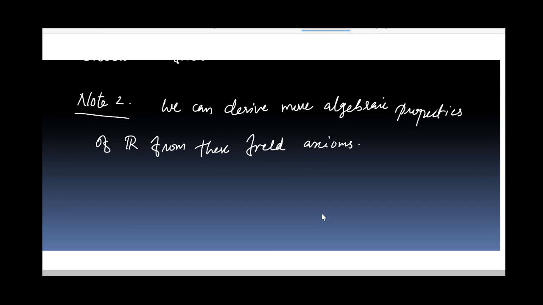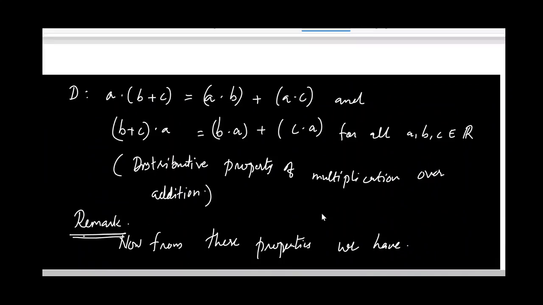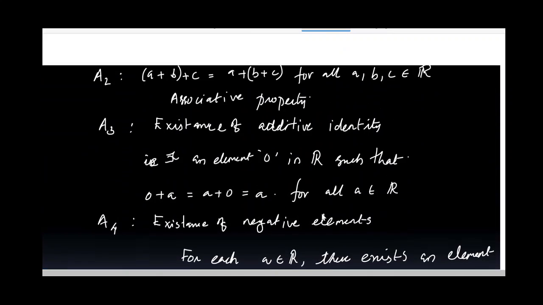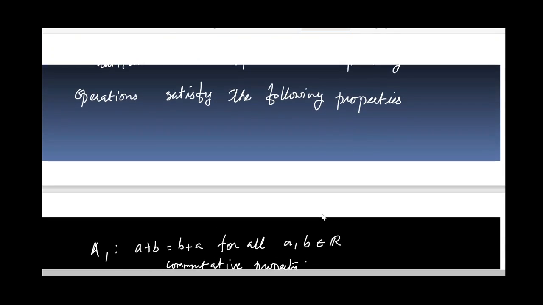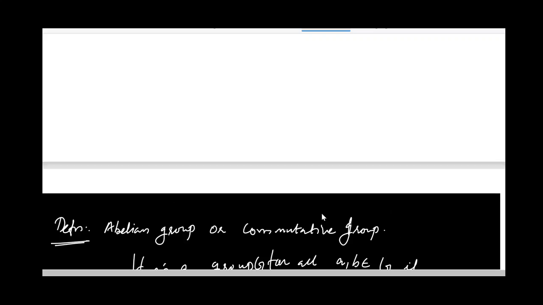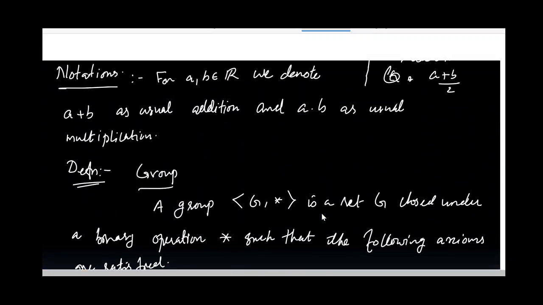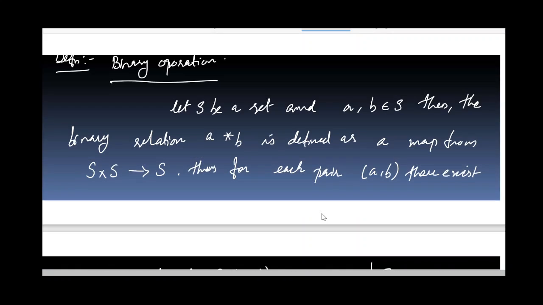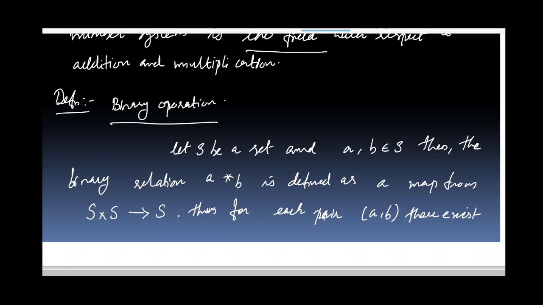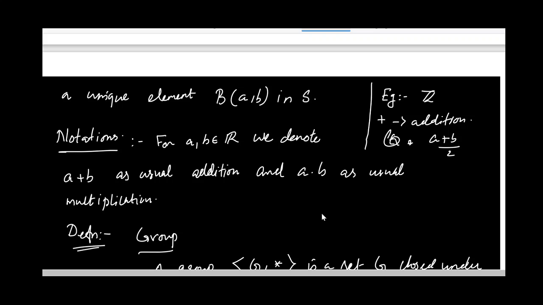So today, first of all, we have discussed the algebraic properties of real numbers. For that, we had a quick review of what a binary operation is. We started with a binary operation, an operation from S cross S to S. We took one example too.